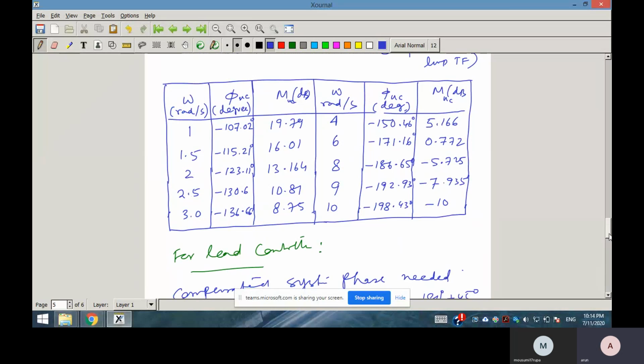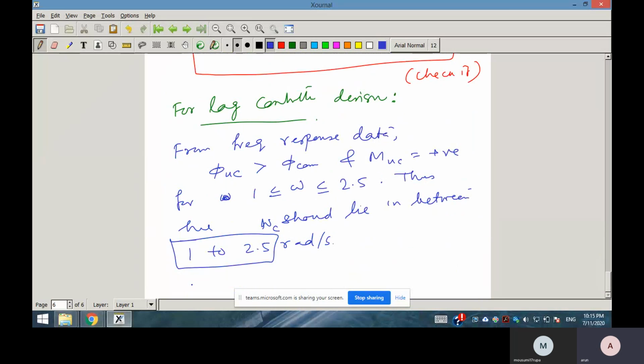So the maximum frequency for which the lag controller can be designed is 2.5. So we choose, say, in between, 2 radian per second. Let omega c equal to 2 radian per second.